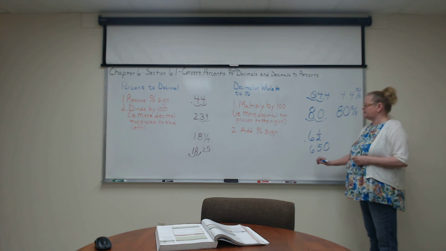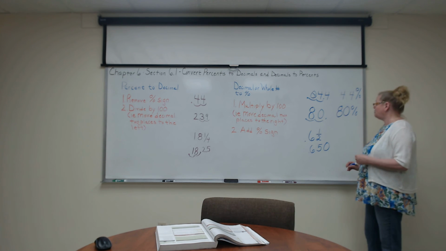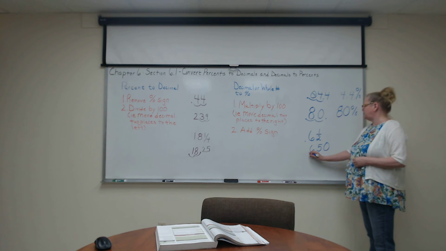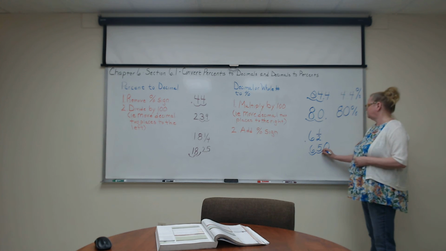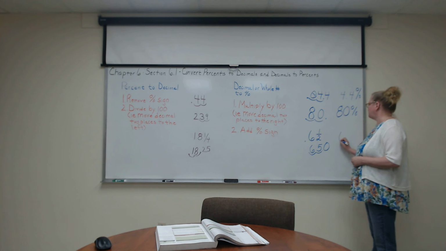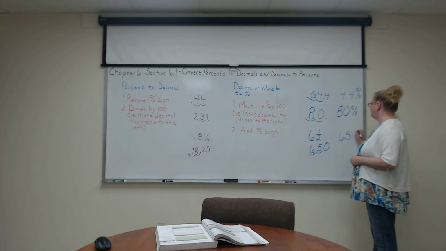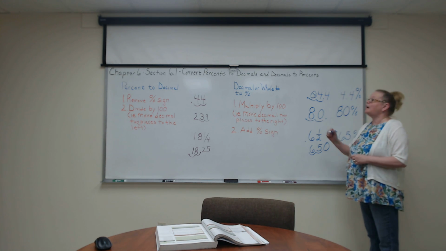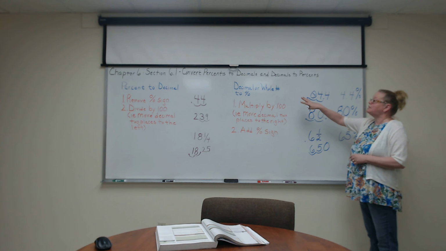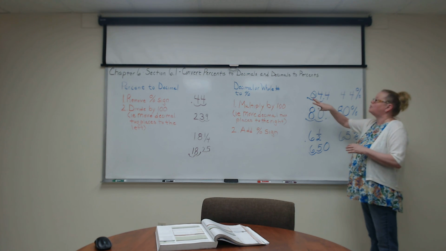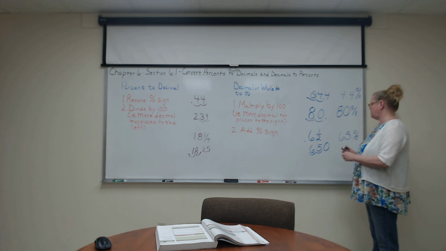Our decimal point still remains there. So we're going to move it 2 places, and our answer becomes 65%. And that is Chapter 6, Section 6.1, Converting Percents to Decimals and Decimals to Percents.